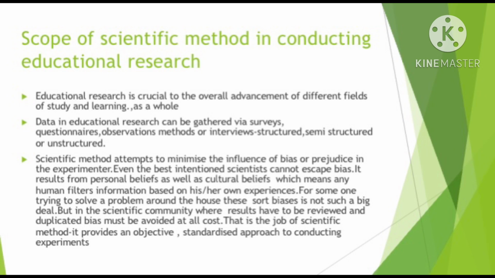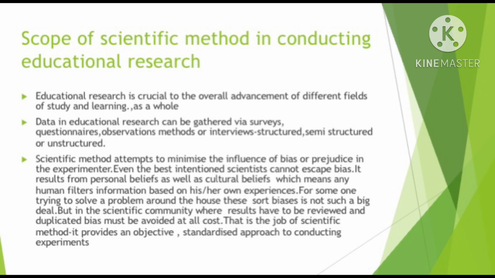Now let us see how this scientific method helps educational research. First and foremost, the duty of the scientific method is to reduce the bias or prejudice of the researcher. The scientific method attempts to minimize the influence of bias or prejudice in the experimenter. The best intentioned scientist or experimenter cannot escape this sort of bias.